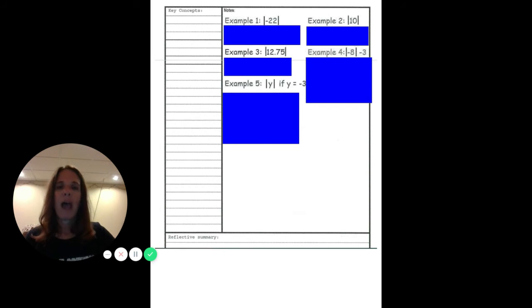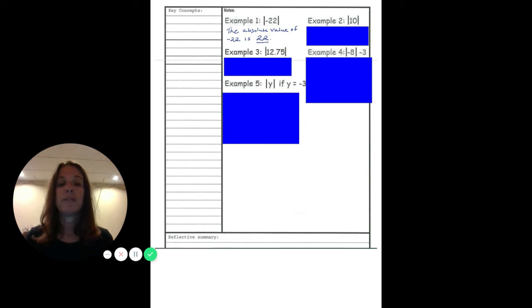So think about how many steps negative 22 is from 0. It's 22. The absolute value of negative 22 is 22. It's 22 steps away from 0. The absolute value of 10, think about it. How far away is 10 from 0? The absolute value of 10 is 10.